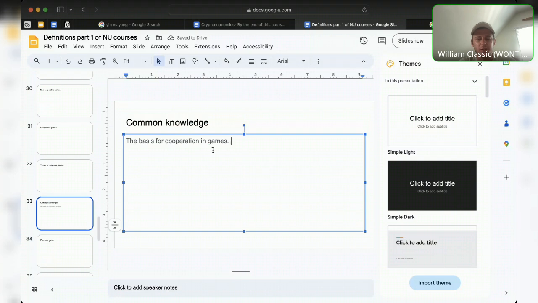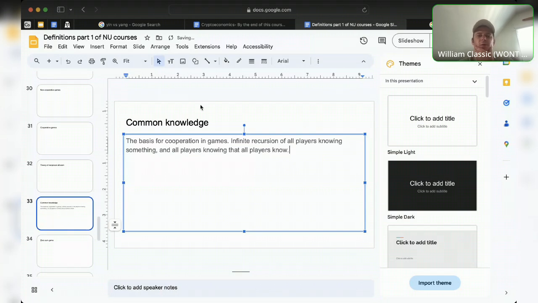It's basically this infinite recursion of each player knowing something, or both, we'll just say both, or all players knowing something, and all players knowing that all players know.